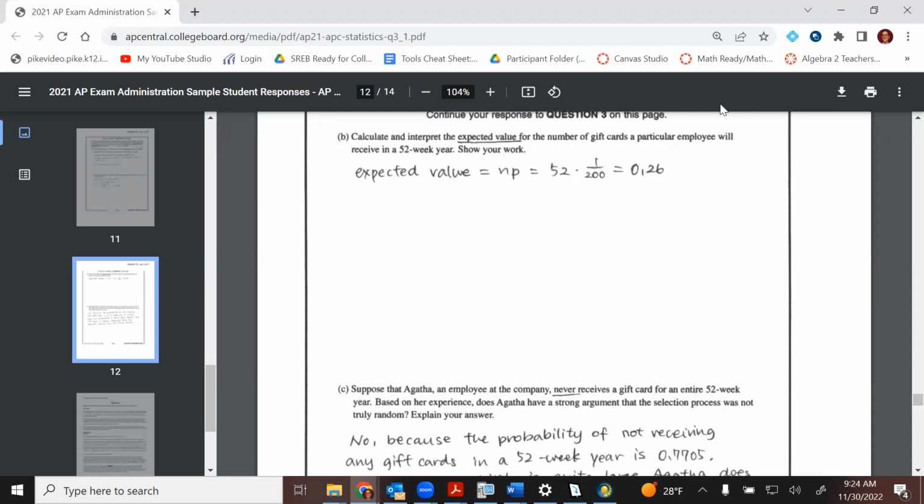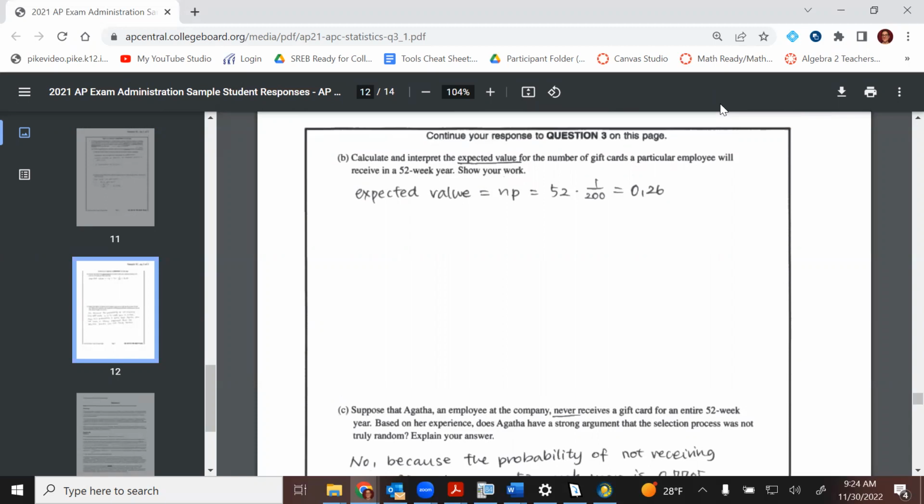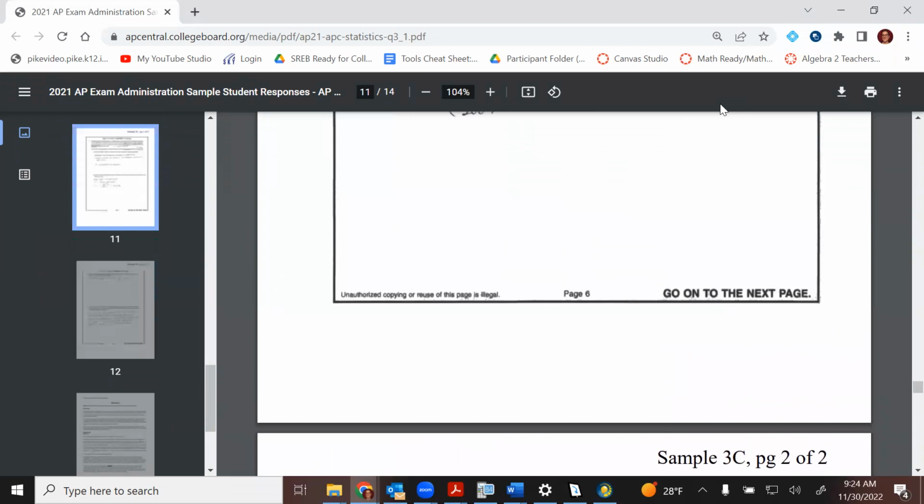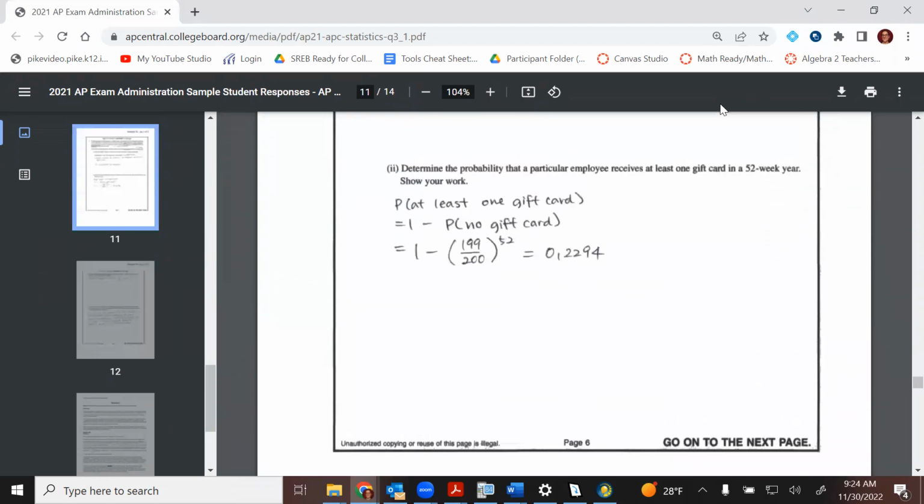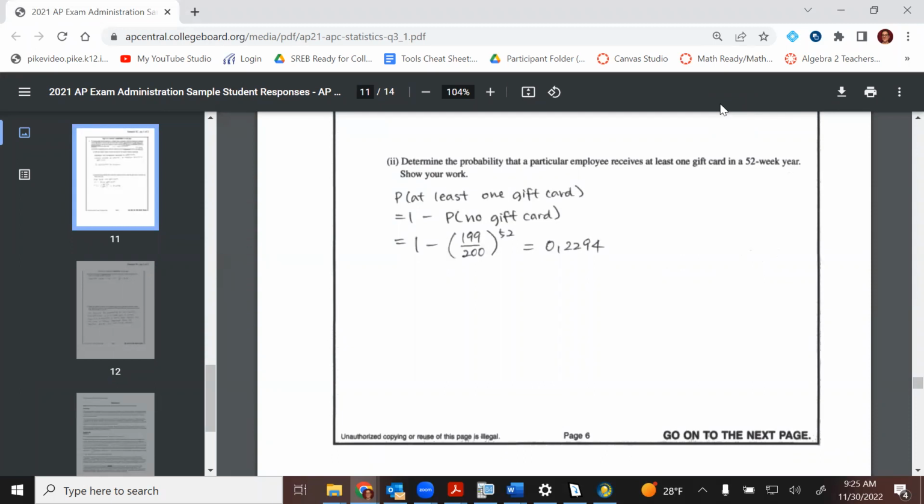N times P would be how you find your expected value or your mean. Did they provide any interpretation or context of that? No. Did they have any interpretation or context on the first part either? No. You want to make sure to interpret and provide context on what your values are being considered.